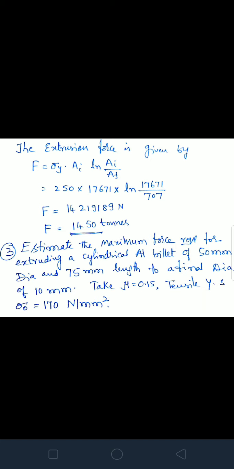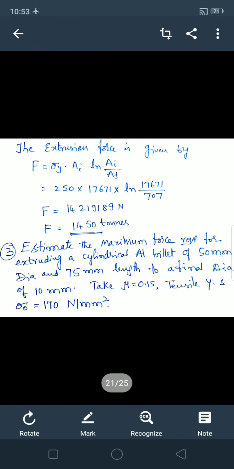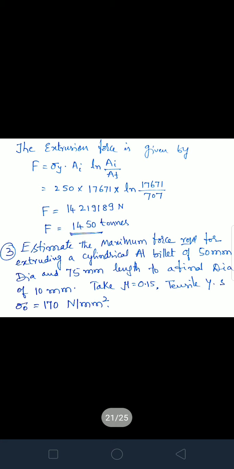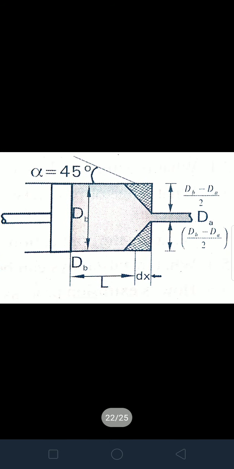Then in the third problem, estimate the maximum force required for extruding a cylindrical aluminum billet of 50 diameter and 75 length to a final dia of 10. Take coefficient of friction mu equal to 0.15 and tensile yield strength sigma naught of 170 Newton per millimeter square. So you have to determine the maximum force required.